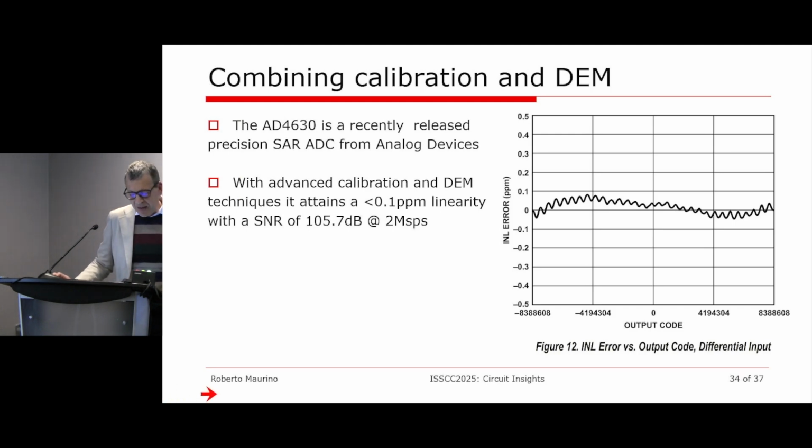Just as an example of what you can do, if you're really looking for the ultimate performance, typically you end up combining both calibration and dynamic element matching schemes. Here we can see, for instance, a SAR ADC from Analog Devices, and the INL error of this SAR is less than 0.1 ppm.